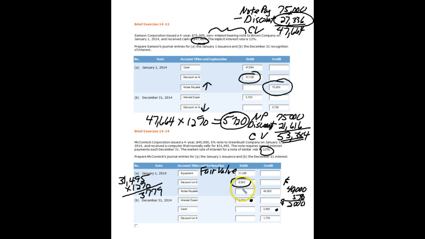The other thing I want to add on here is that given we bought a computer, at December 31st, we would need to make a journal entry for depreciation expense and also credit accumulated depreciation. So let's just assume that this equipment with a cost of $31,495 has a 5-year life with no salvage value.